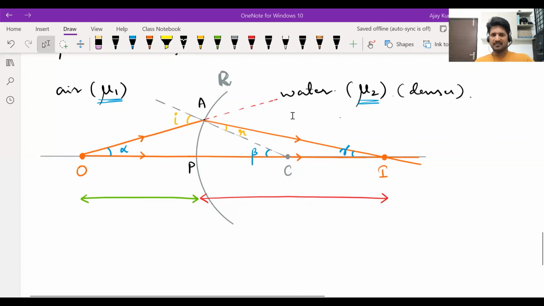Okay, you need to practice derivations. Don't just listen and leave it off. You have to know how every formula in your syllabus is derived.